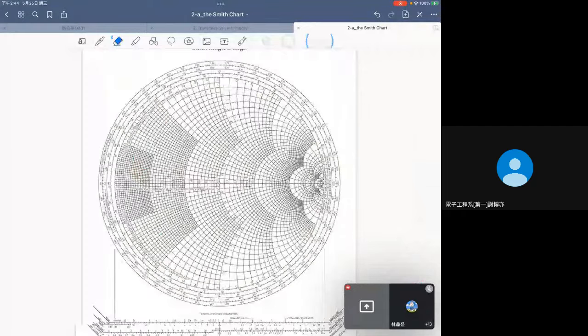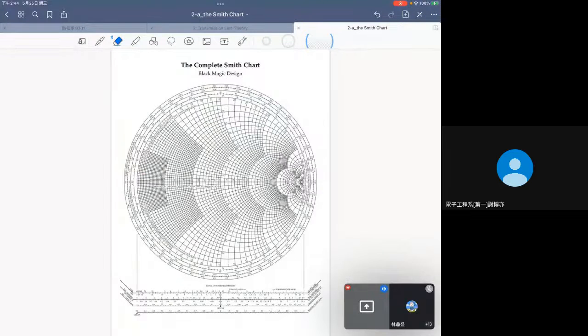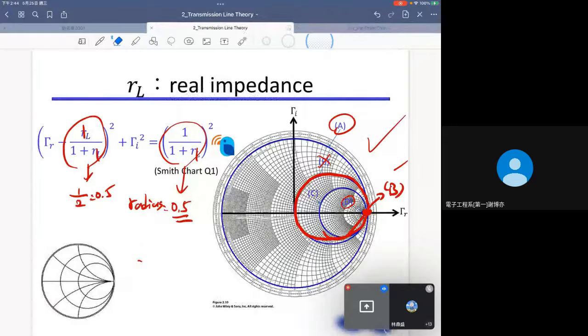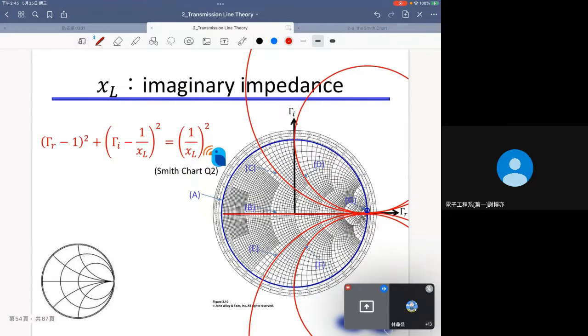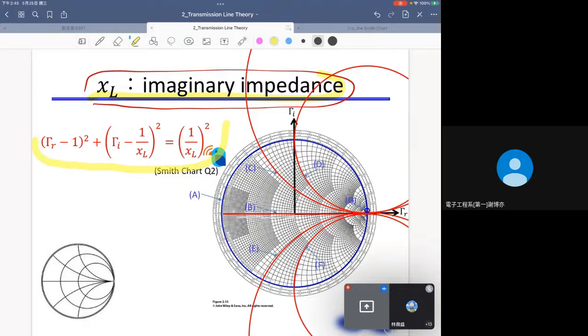Okay, this is for the real part, the real impedance. And you also want to see the imaginary impedance. If you take only the imaginary part, you will obtain these equations.